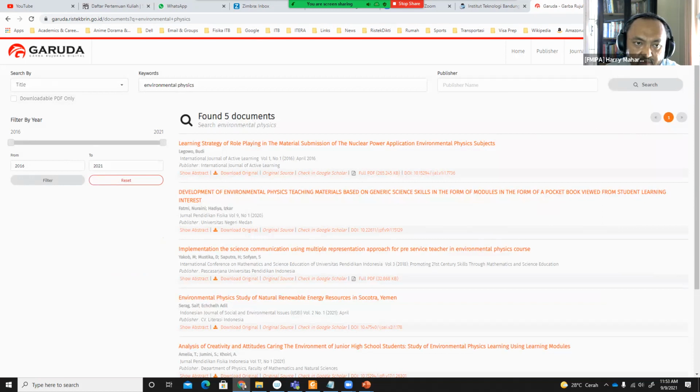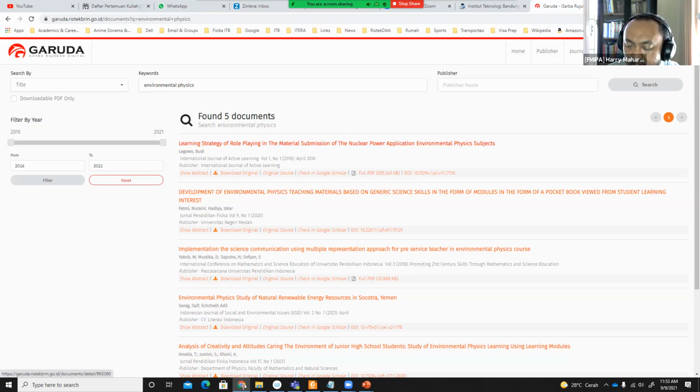If I type environmental physics in Garuda, I can get 5 documents that relate to this topic from the national sources gathered from several publications. So if you're looking for the local or national paper that is related to your topic, you can use Garuda.